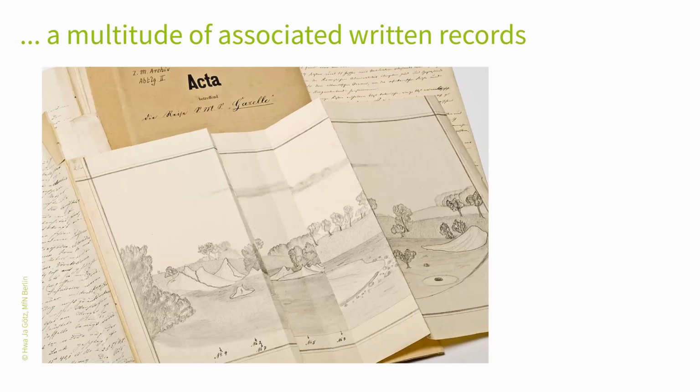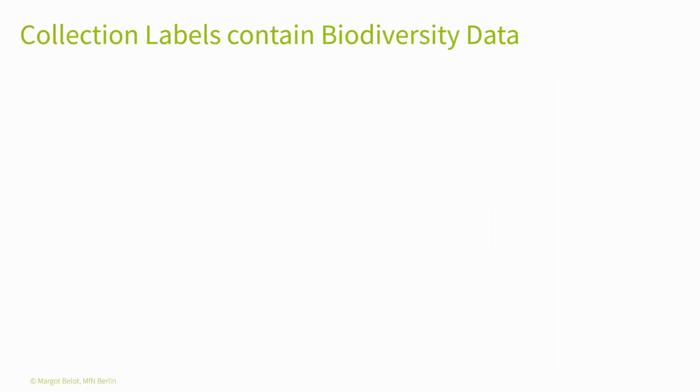So with these millions of objects also comes, in addition, a multitude of associated written records. These range from inventories to travel reports, expedition reports, various types of material like sketches, drawings, written material, diaries, tables, and last but not least, of course, collection labels.